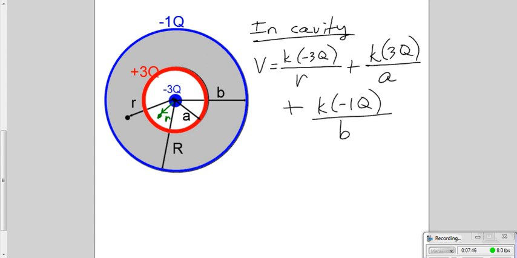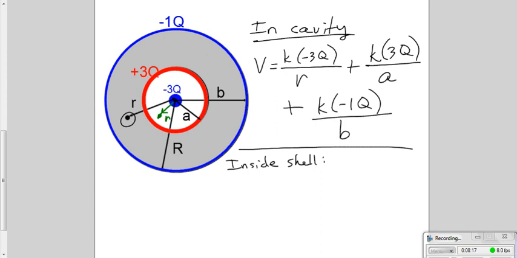All right, and then let's look what happens when we're in the metal itself. So we're inside, not the cavity, but the shell itself. So that's my little point here that I included with a dot. Now there's really something nice about this. Because we are outside both the positive 3Q, the red part, and the little minus 3Q in the middle, we can treat all of those as though they're a point charge at the very center. But you see how the plus 3 and the minus 3 would just cancel each other out.